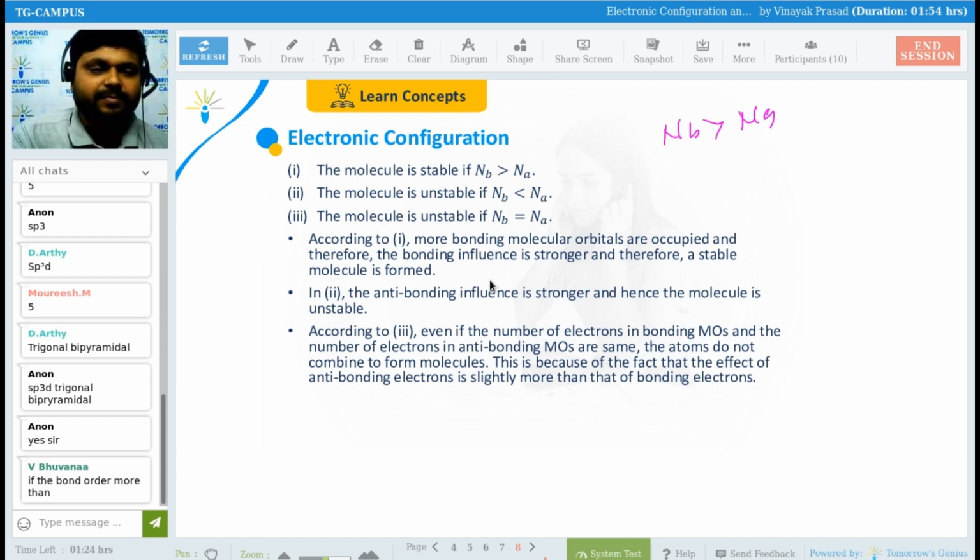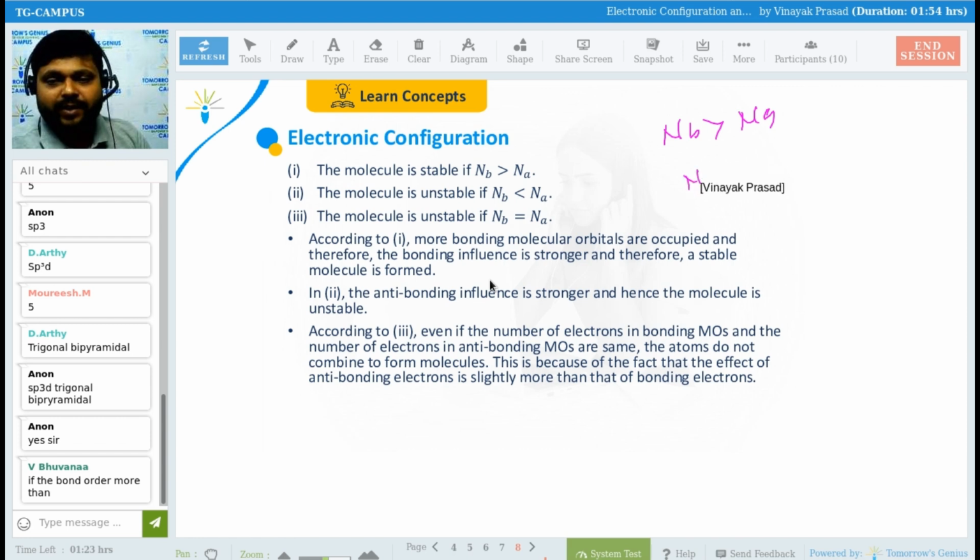The molecule will be unstable if Na is greater than Nb, or even if Nb is equal to Na.